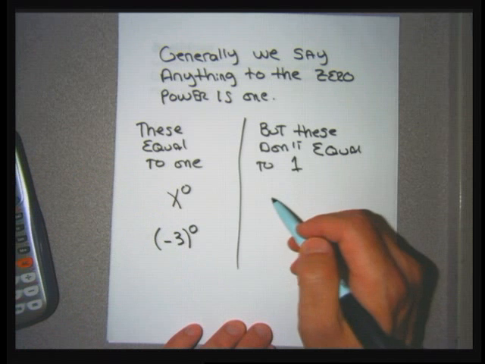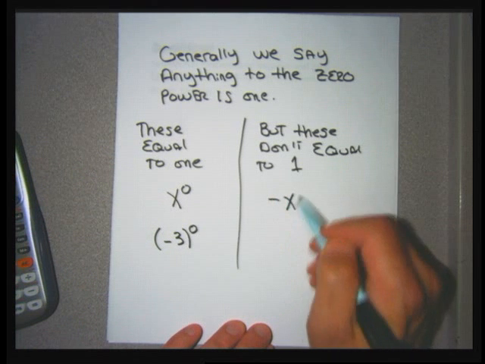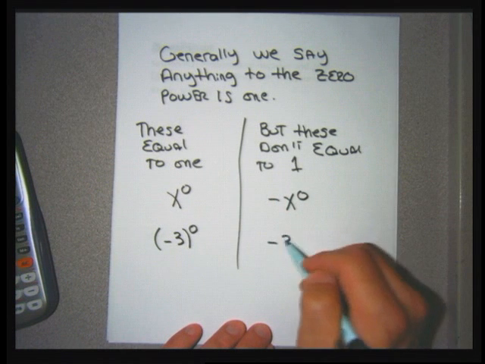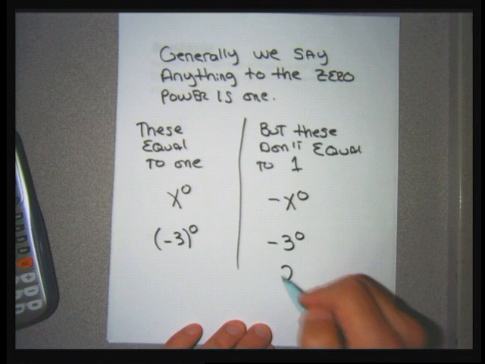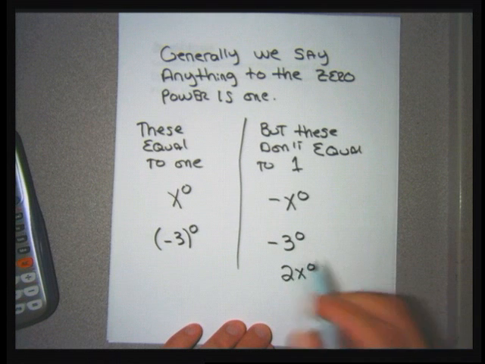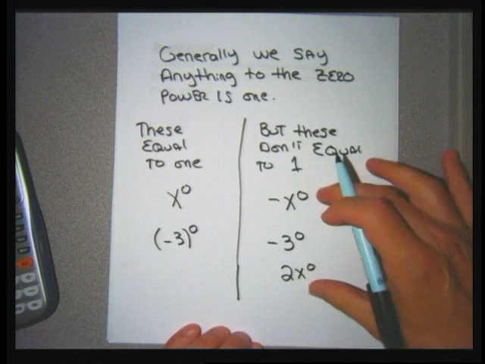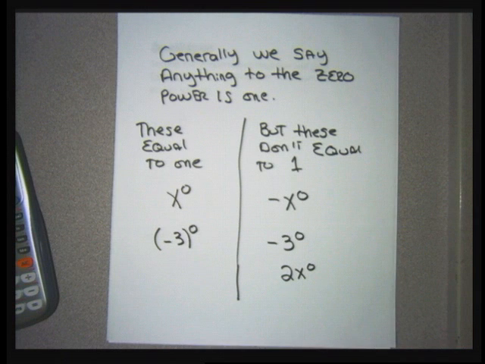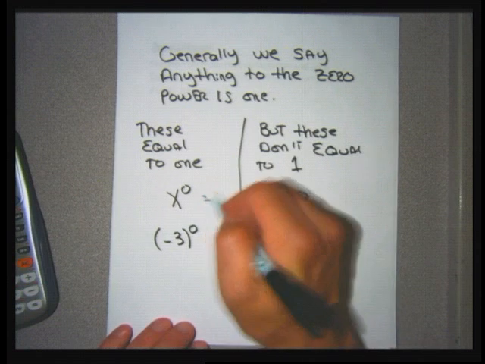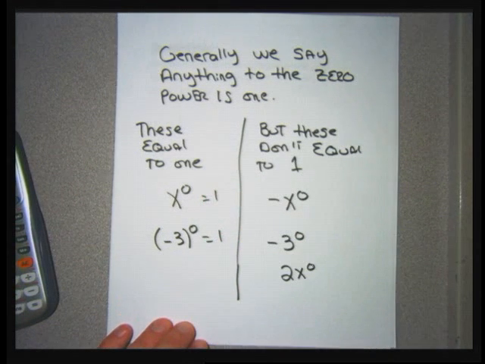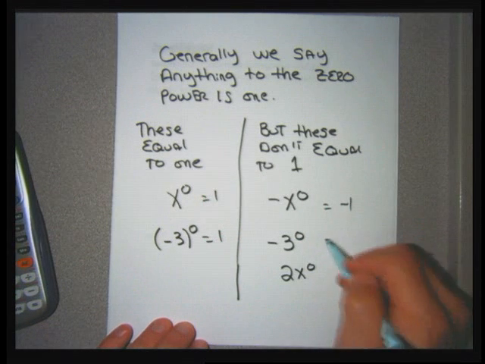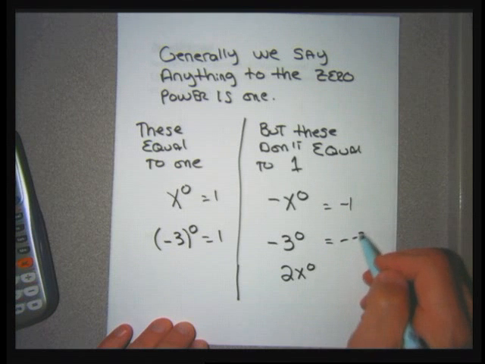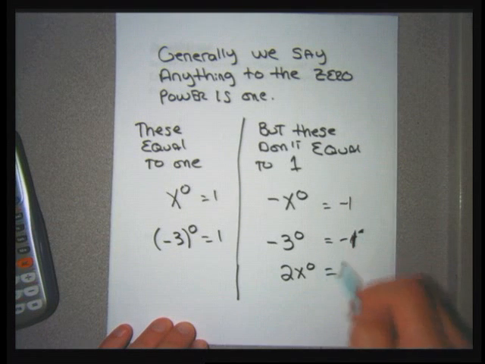But these are 3 times where I have a zero exponent, but none of these equal 1. So this equals 1, this equals 1. Turns out that this equals -1, this equals -1, and this equals 2.